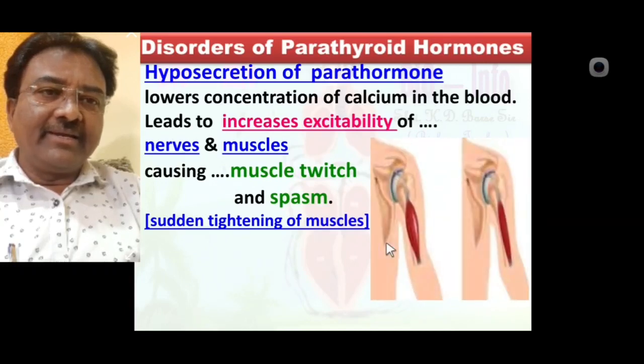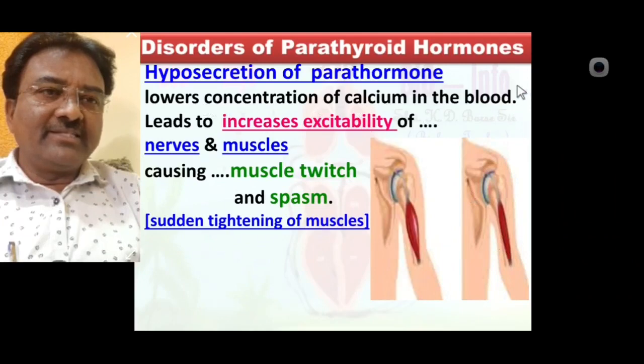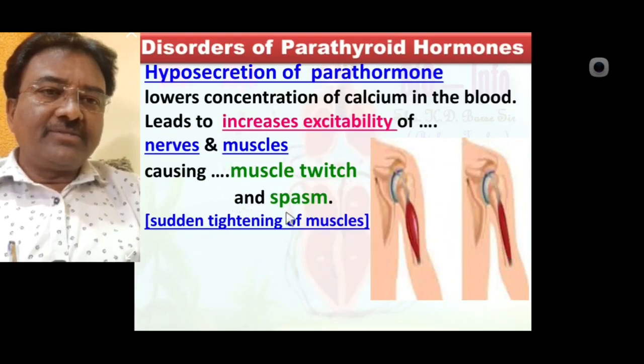See the diagrammatic representation. These muscles are normal muscles, and due to hyposecretion of parathormone, the concentration of calcium in the blood is lower, increasing excitability of the muscles and nerves, causing muscle twitch or spasm.